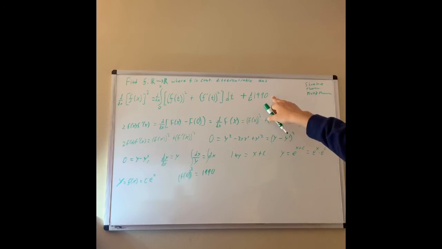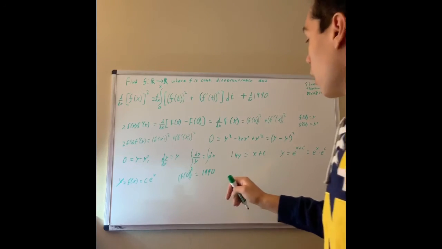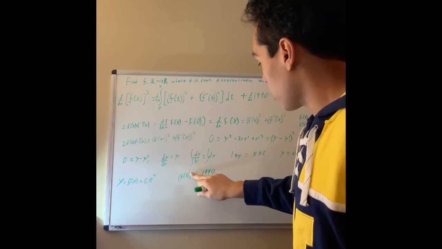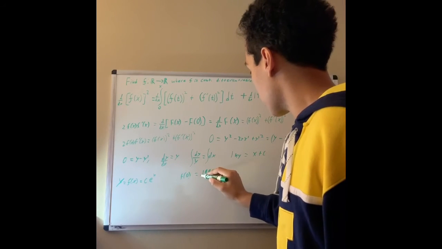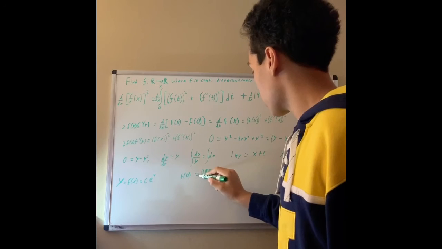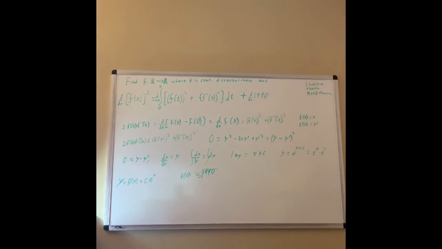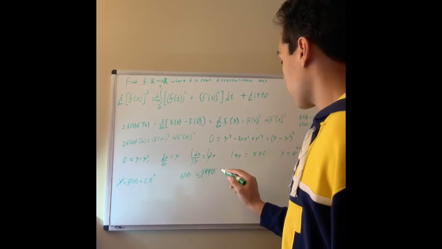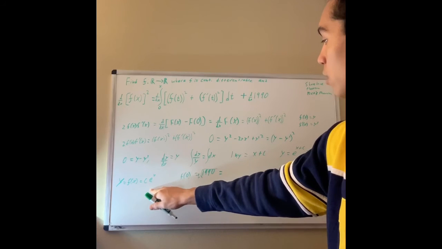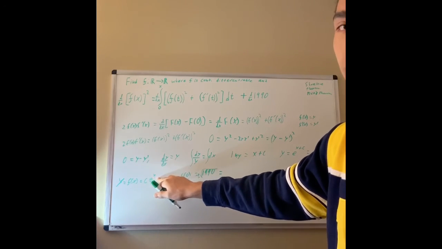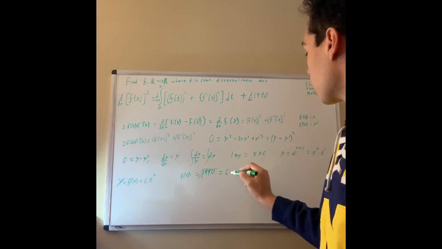And now we just have this expression here. And I'm going to take the square root on both sides to get that f(0) is equal to plus or minus the square root of 1990. Okay, plugging in f(0) here, I'm just going to write the equivalence relationship on this side. f(0) is equal to e^0. e^0 is 1, so we get this is equal to our constant.